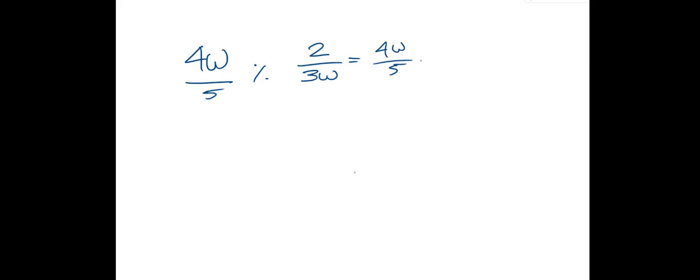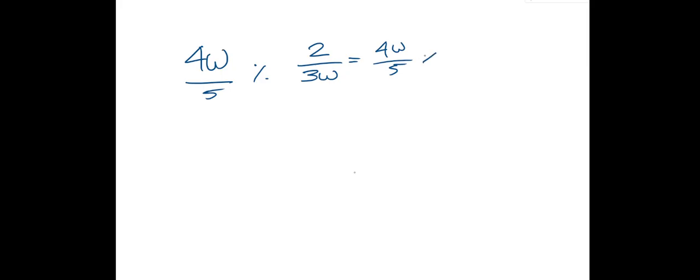Okay, let's divide 4w over 5 divided by 2 over 3w. Well, if you remember your algorithm, what we do is we keep the first term exactly as it is.